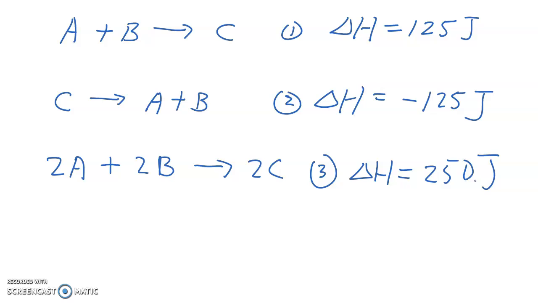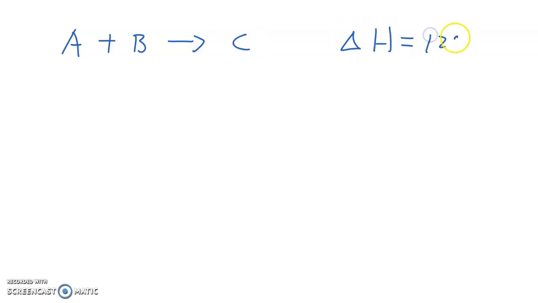Okay, next. Can we combine two equations together? For example, let's say A plus B is going to yield C, and delta H is equal to 125 joules. Okay, so let's say this is my equation 1.